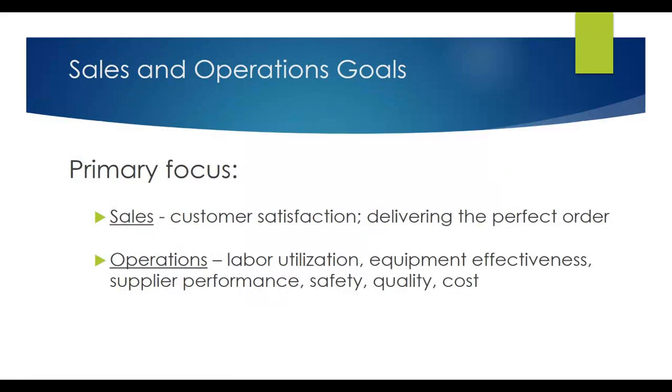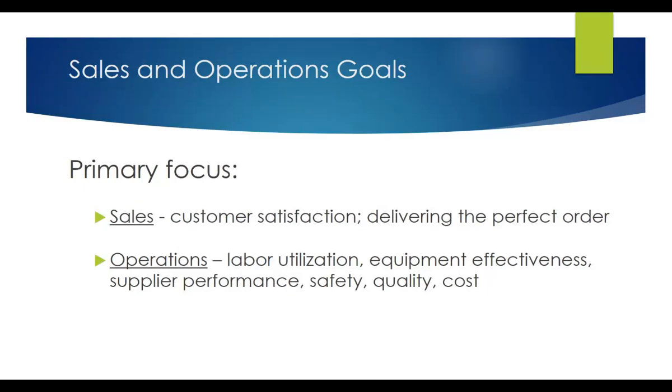Staying at the higher level for a minute, we're going to look at resolution of goals and objectives that sales and marketing has versus the goals of the operations group. As part of the same company, you would think that they were going to be perfectly aligned, but they're not. Sales and marketing's primary objectives are driven toward customer satisfaction. They want every order to be what the customer has asked for, when the customer asks for it, no exceptions.